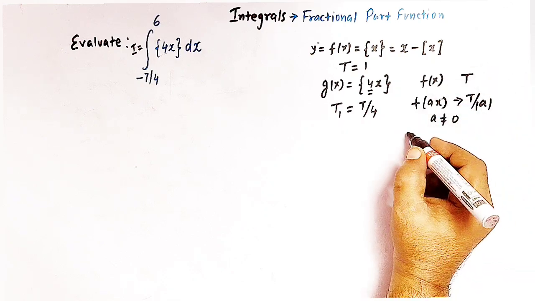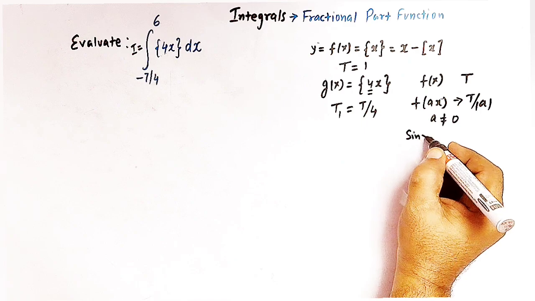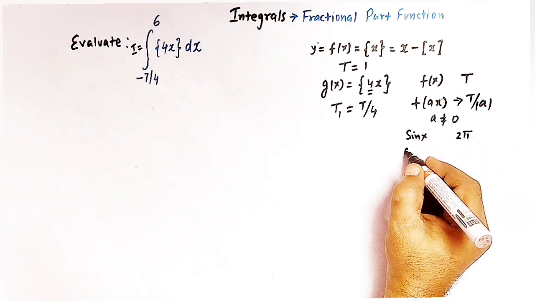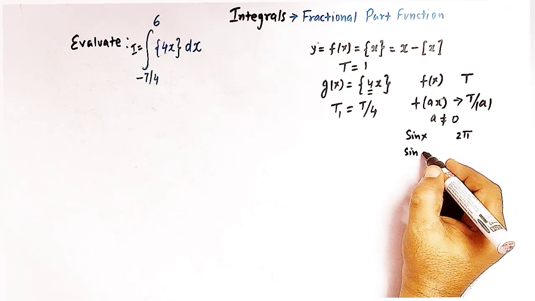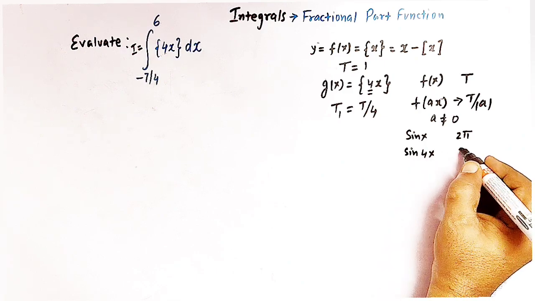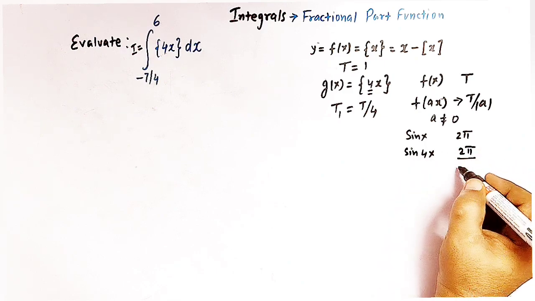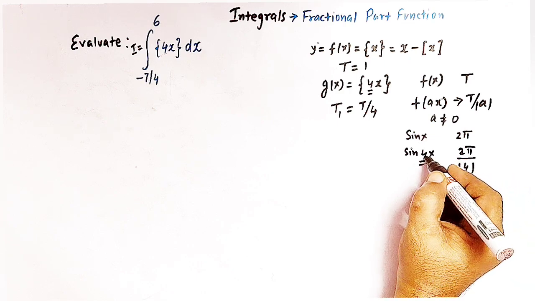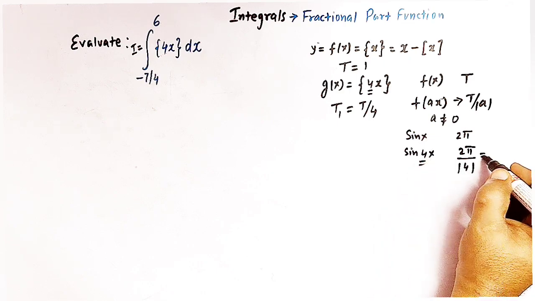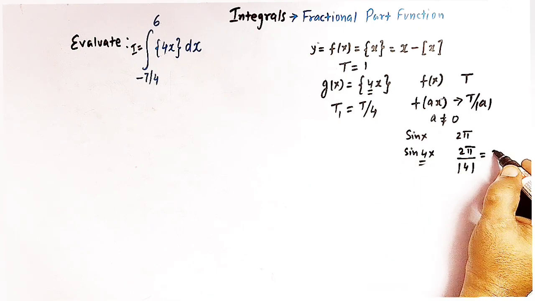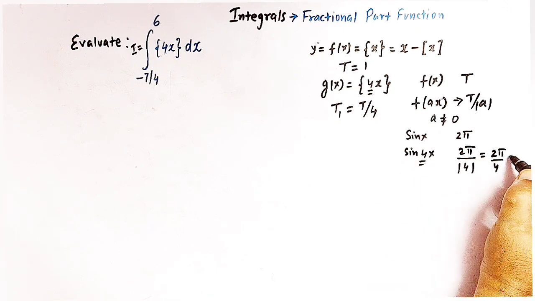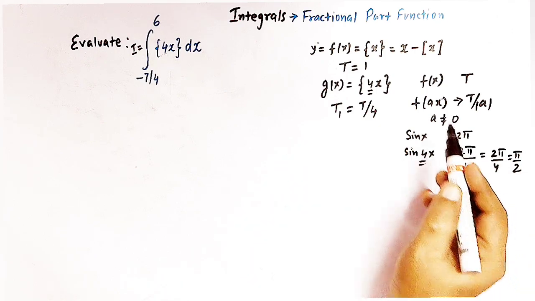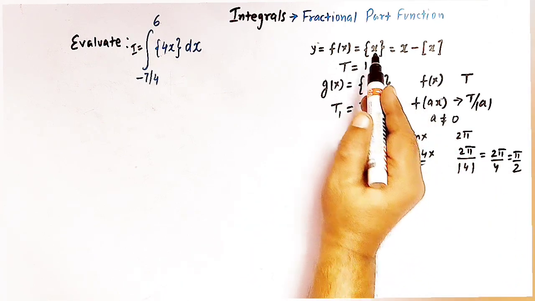For example, we know that the period of sine x is 2 pi, then the period of sine 4x is given by 2 pi divided by mod of 4, because here we have the coefficient 4. So the period of sine 4x is 2 pi over 4, that is pi over 2. This concept is utilized here.